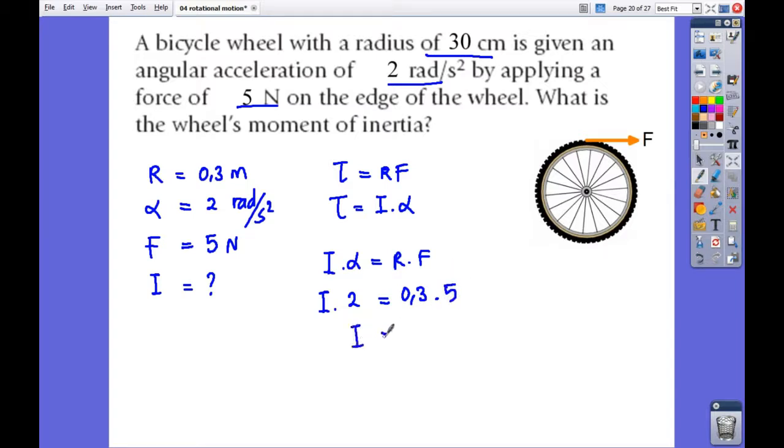So I is 1.5 over 2, which equals 0.75 kilogram meter squared.